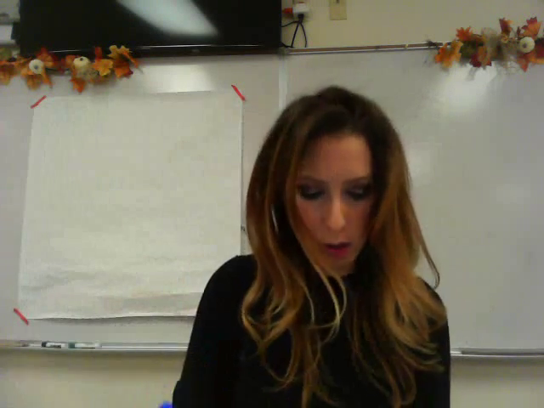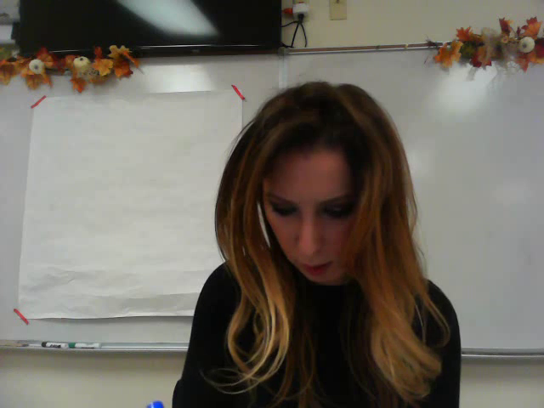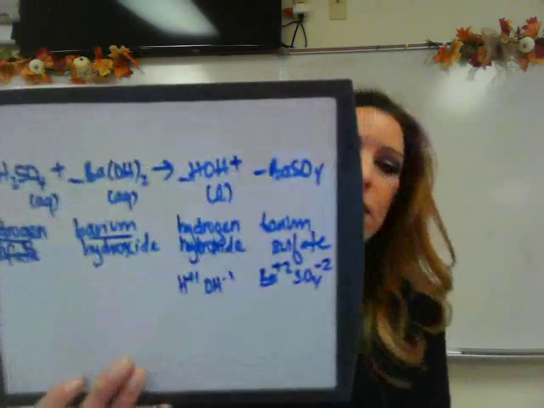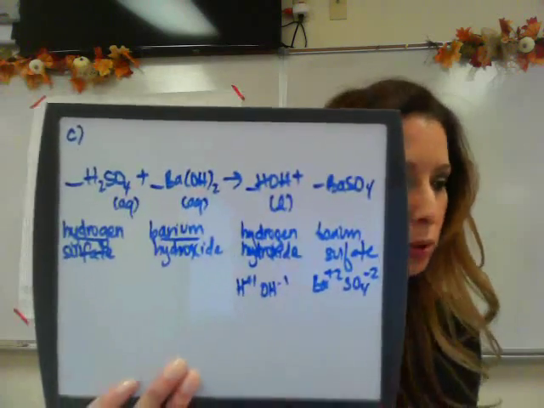Okay, so I'm going to write hydrogen hydroxide on the product side and barium sulfate. I'm going to cross their charges. I'm going to get BaSO4. Okay, so BaSO4 is my salt.